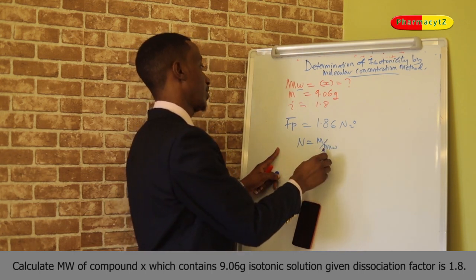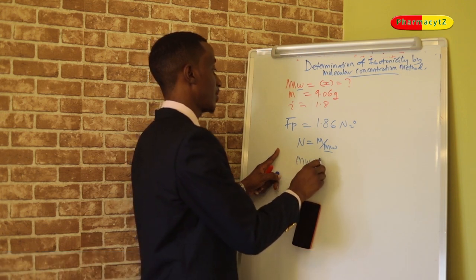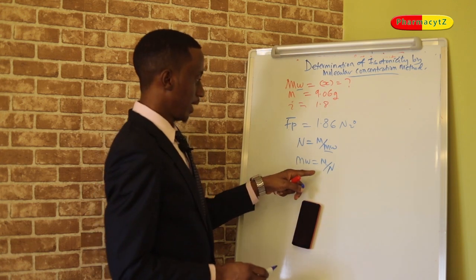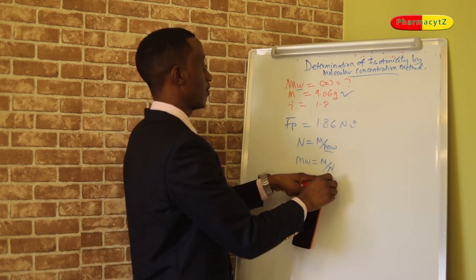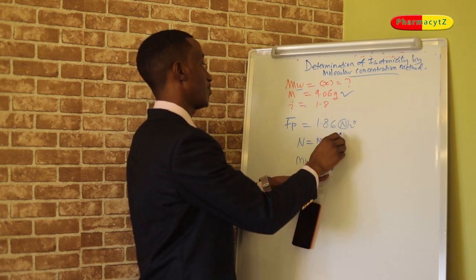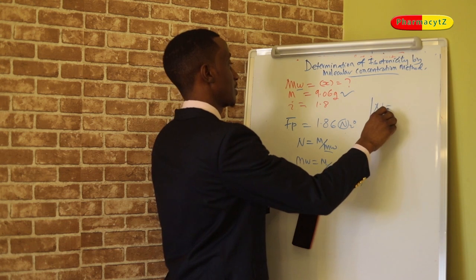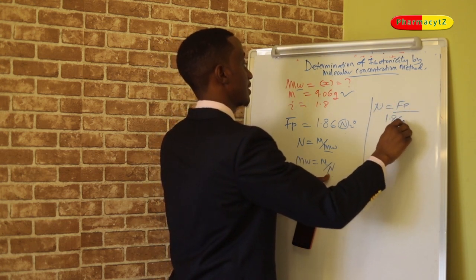If we are looking for the molecular weight, then we make it the subject: molecular weight equals mass over number of moles. So we have the mass here, but we have no number of moles. Number of moles can be obtained from here. Make number of moles the subject, that is freezing point over 1.86 i.